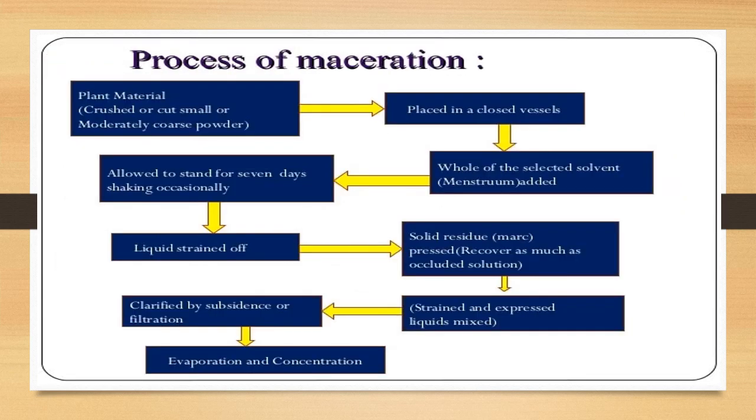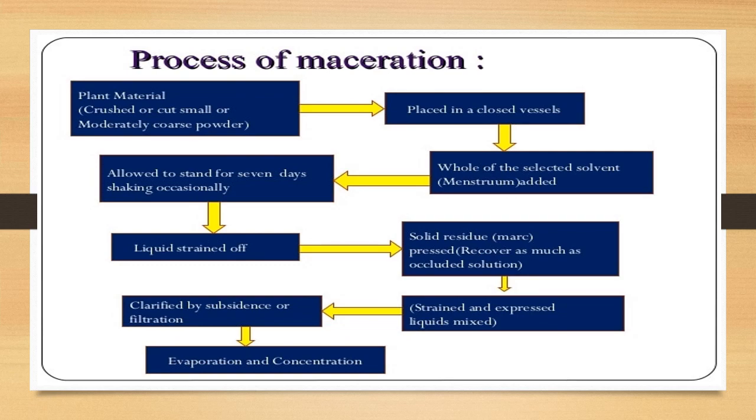This flow chart shows the process of maceration. The first step is the collection of plant material, and the collected plant material should be crushed or cut into small pieces, or can be used in powdered form. Then the plant material should be placed in a closed vessel and the selected solvent, which is known as menstruum, is added.